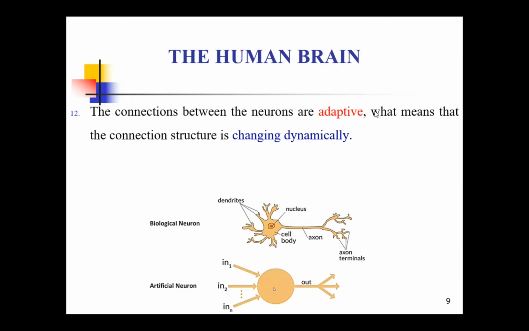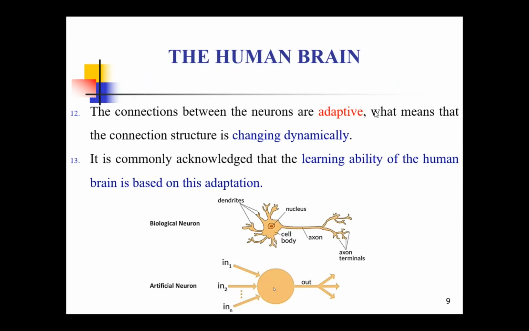So how are we going to relate these two things, the biological neuron and the artificial neuron? Based on this adaptiveness or dynamic changing, the learning ability of the human brain is based. How we adapt to things, how we perceive things.